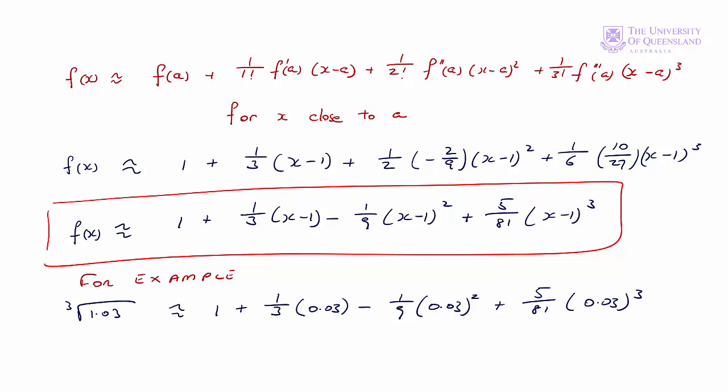We do that calculation and we find this time the approximate value for the cube root of 1.03 is 1.0099017.